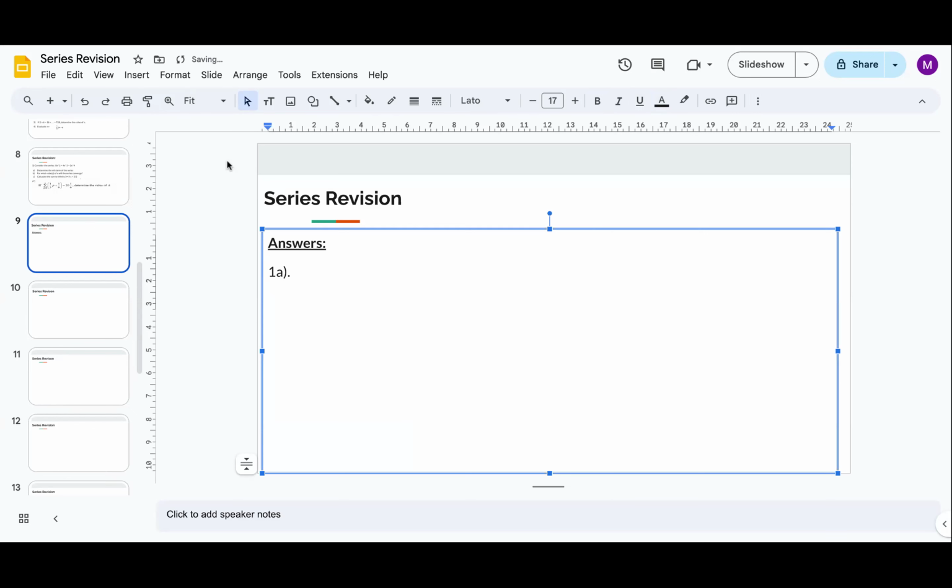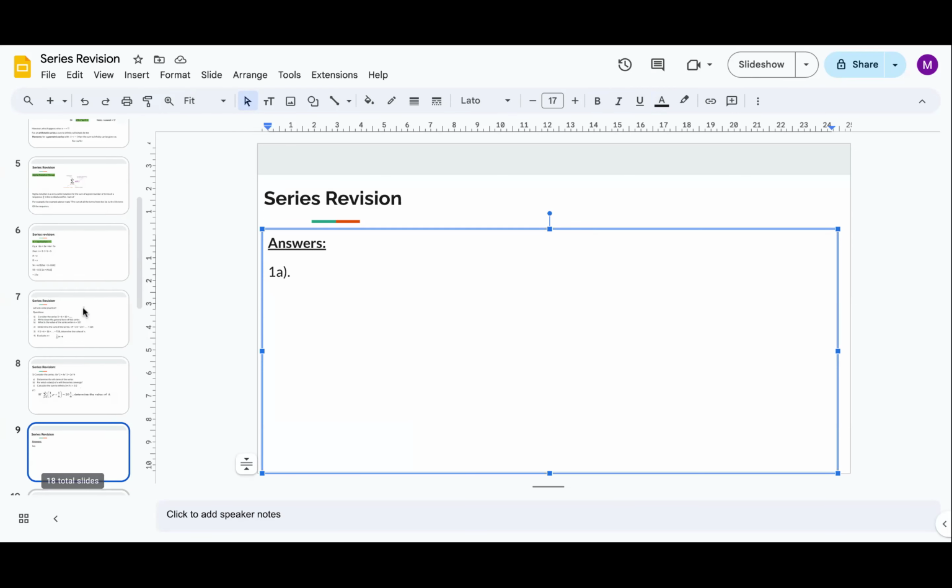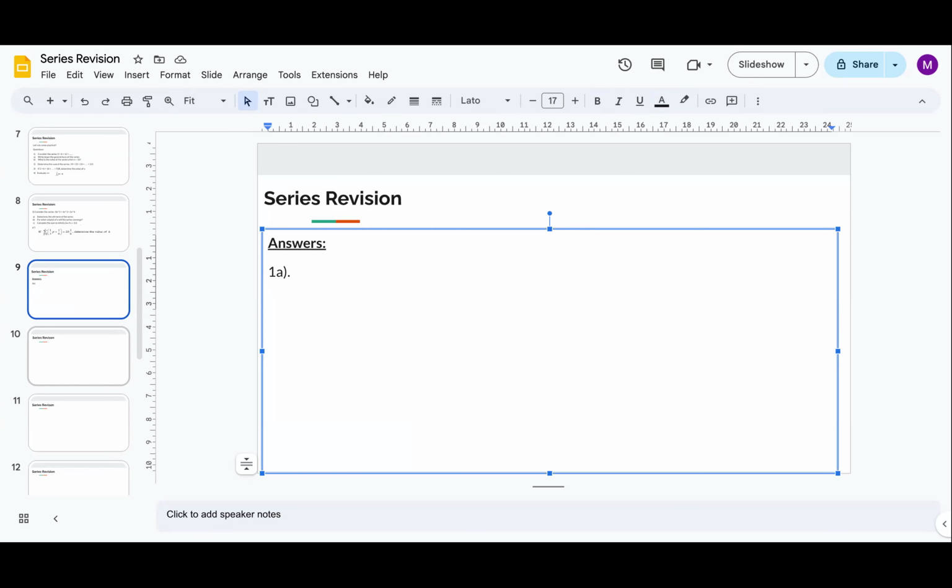Okay, so A asks for the general term of the above sequence that they gave us, right? Now, general term is not the same as the series. General term is asking me for the general pattern. How can I describe this pattern mathematically? This is not the same as Sn. When they're asking for general term, they're asking for Tn.